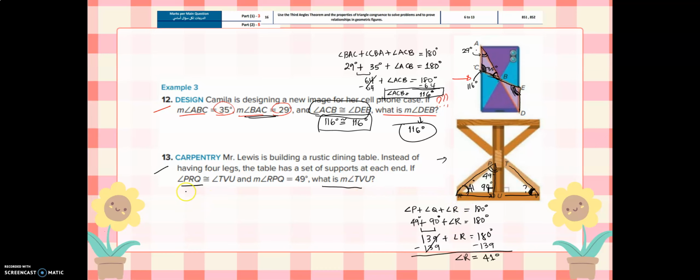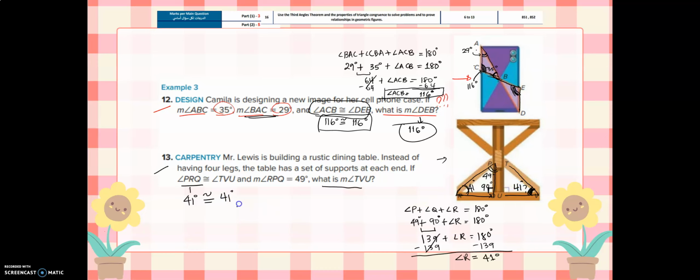Now, according to this, PRQ or angle R, so angle R and angle PRQ are the same. This is equal to 41 degrees, and this is congruent to angle TVU. So angle TVU is what we're looking for. Since they are congruent, the measure of this will also be 41 degrees.